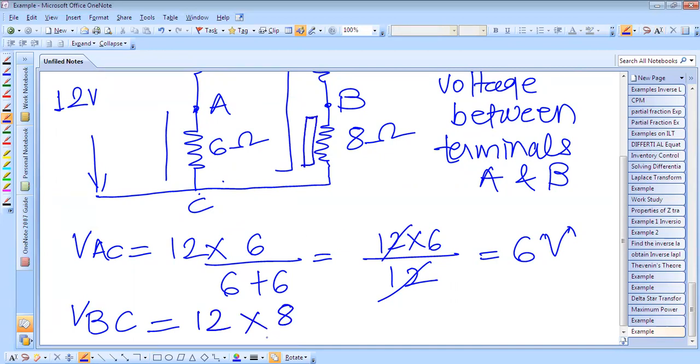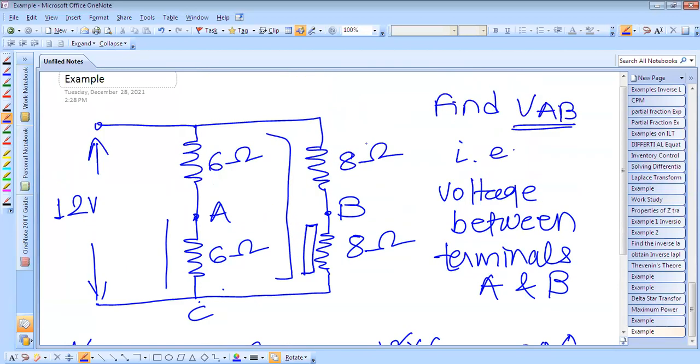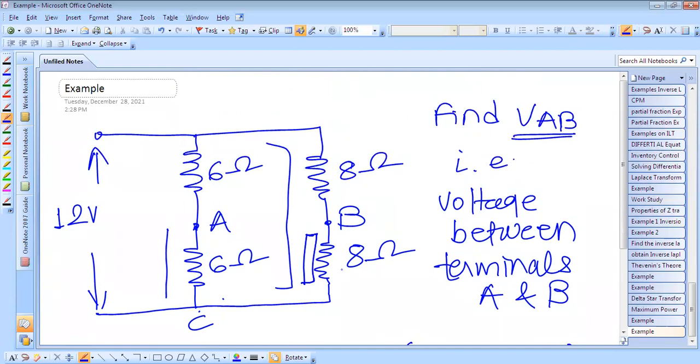So resistance is 8 divided by this resistance, 8 plus 8, that is 16. Okay, sorry, this resistance is not 8, this is 4. Okay, so make this correction.